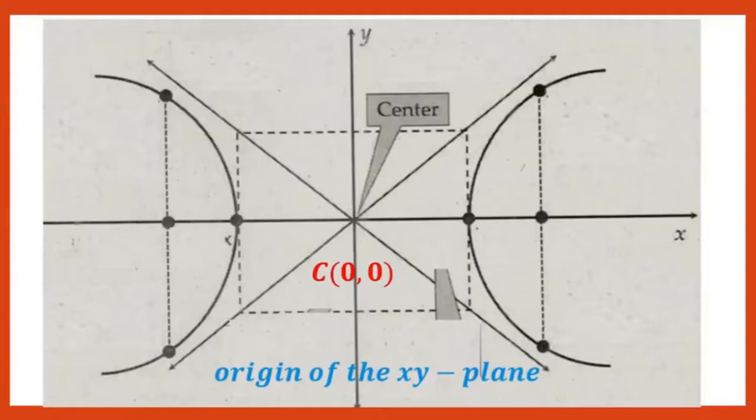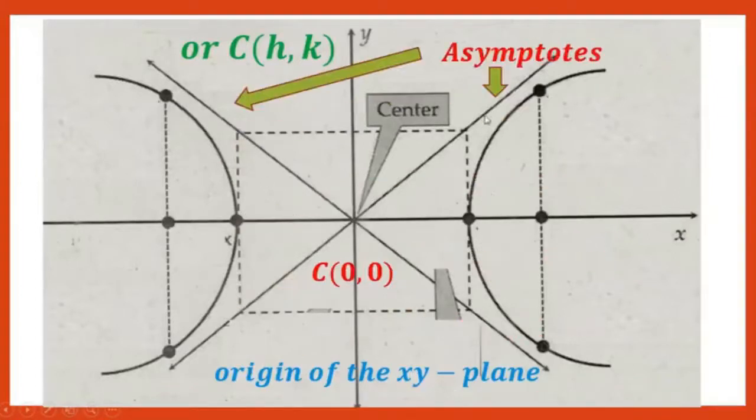But there are hyperbolas na ang center niya is located not on the origin but somewhere on the plane, at ang ginagamit nating notation is center at HK. Okay? Nasaan yung center? Ito yung ating asymptotes. Itong dalawang to. Yung intersection ng dalawang asymptotes, yun yung tinatawag nating center of the hyperbola.